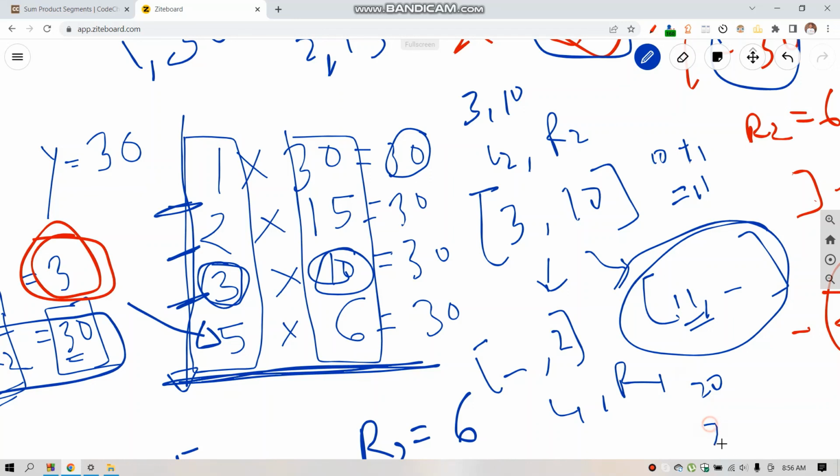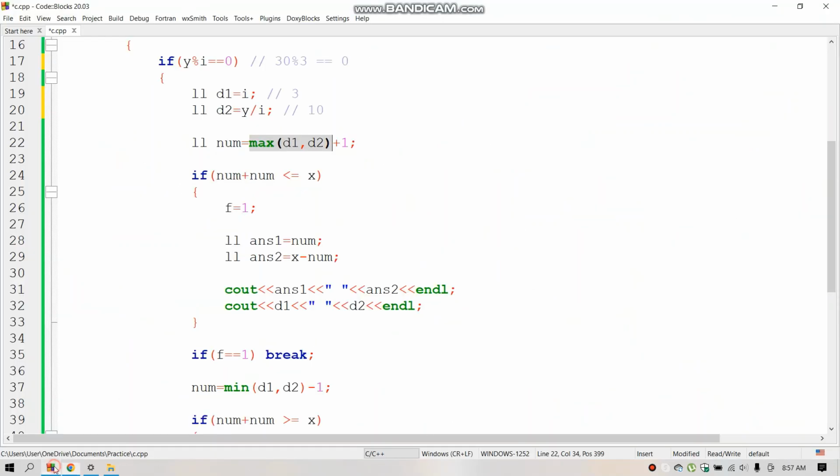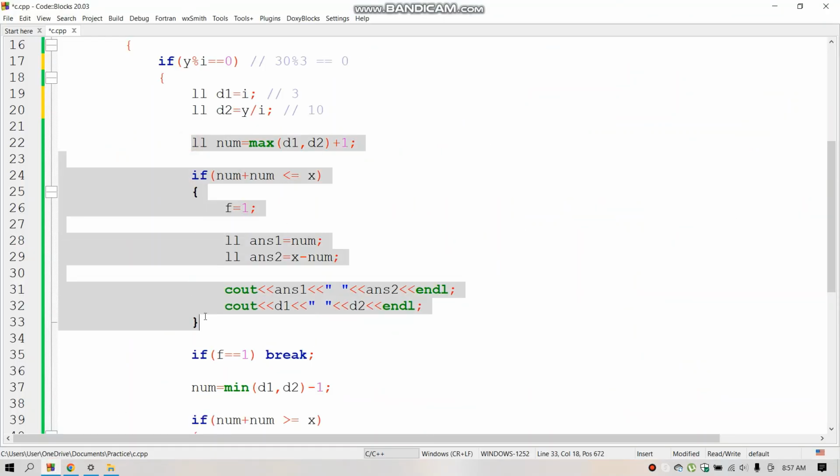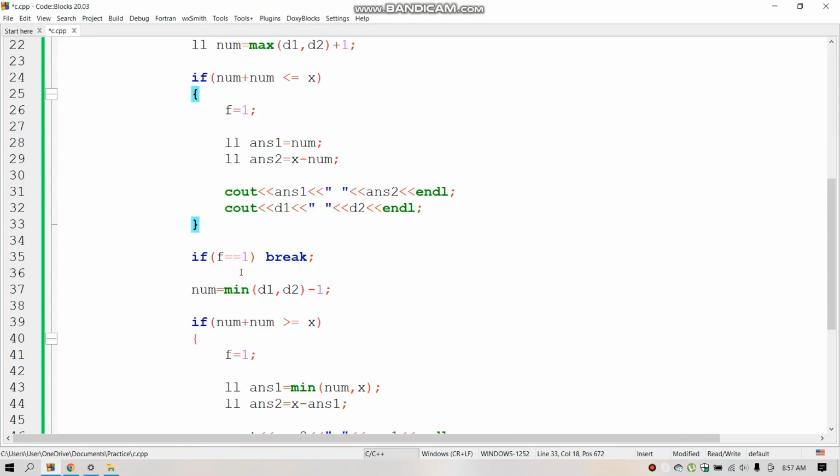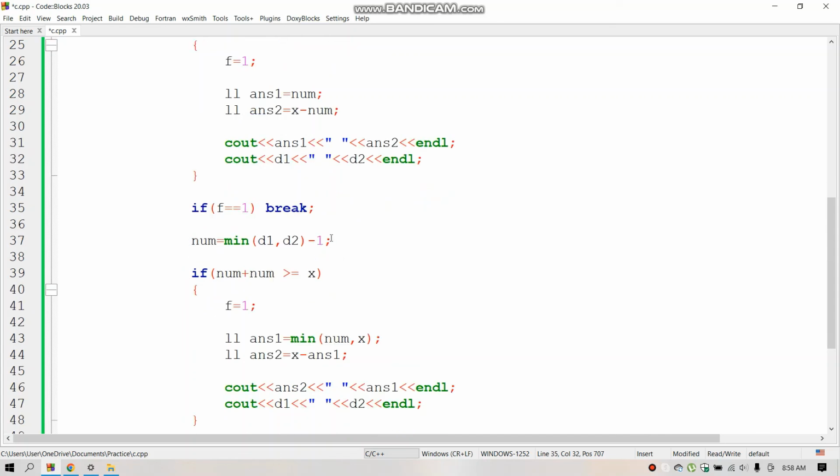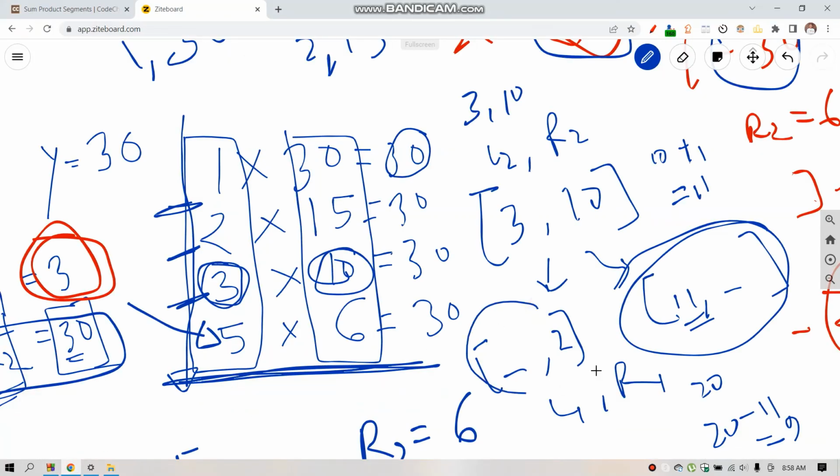So I am subtracting 20 minus 11, and I will get 9. So this is how I am checking this segment. If I find this segment, I'll break from here. If I don't find it, I have to look at the other segment now, right?